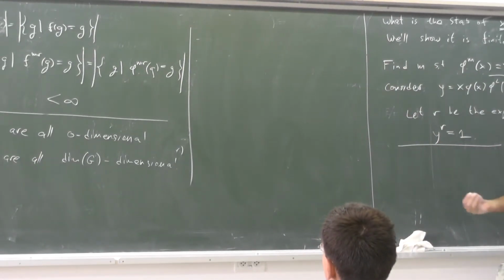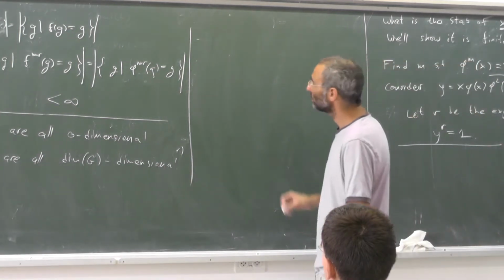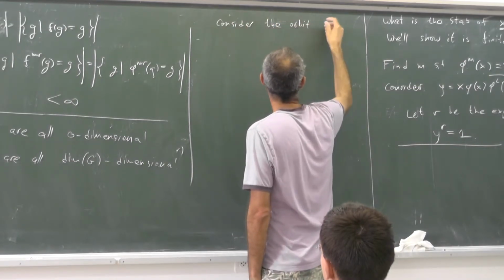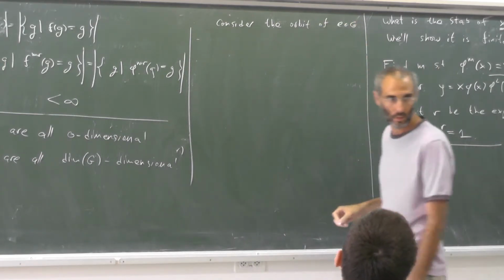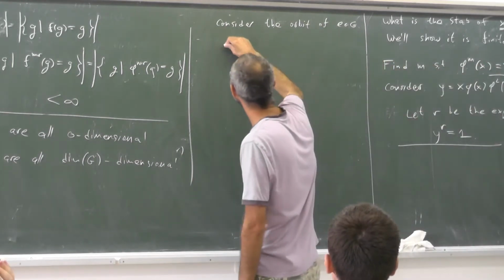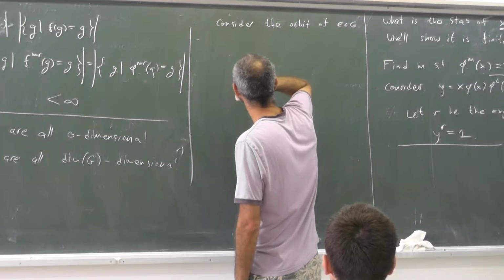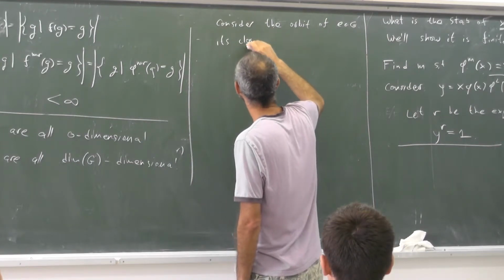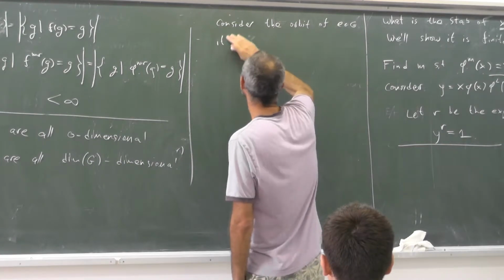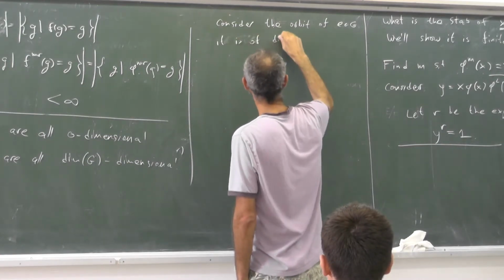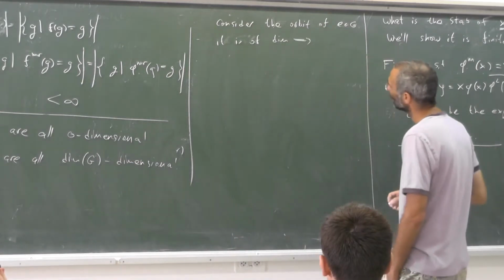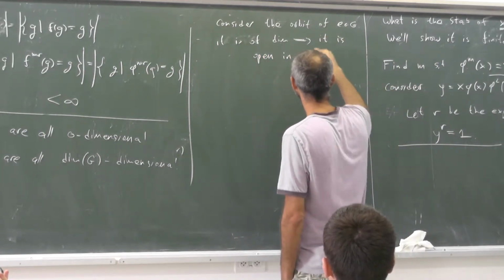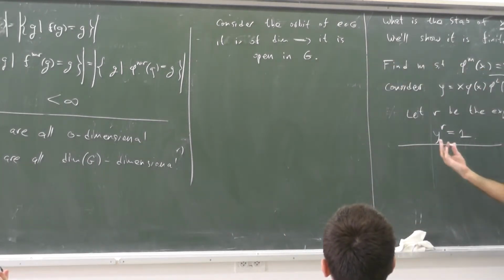The map we study is surjective, but now consider the orbit of E. So its closure, first of all, it is of full dimension, hence it is open. It is an open subvariety.